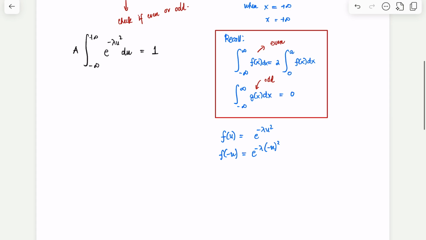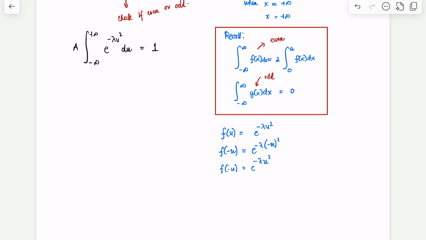Now notice that the f of negative u will give you e to the negative lambda, and negative of u squared will simply give you u squared. So what we're actually seeing here is that our f of u is simply equal to the f of negative u. Now when you see this to be true, that means that your function is symmetric or even. So that means to say we're going to use this theorem number 1.